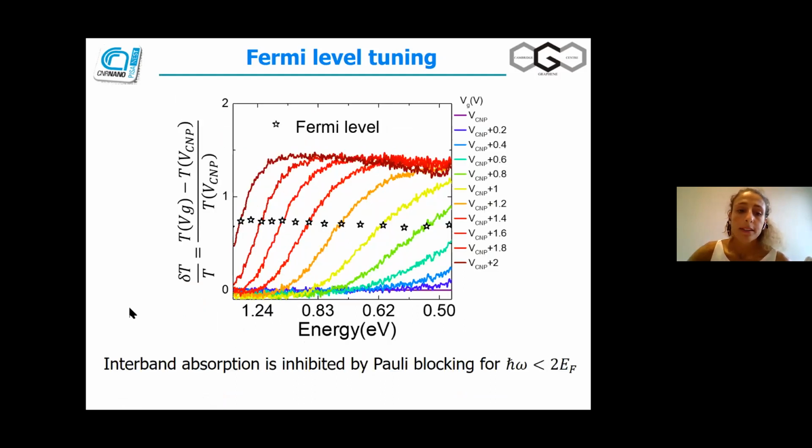If we plot the transmittance at the gate voltage Vg as a reference to the charge neutrality point, we can see a step-like function which describes the cutoff for interband absorption. In fact, above the threshold for the blocking of the interband absorption by the Pauli blocking mechanism, the transmission approaches the 100% value. So the graphene becomes barely transparent, with a residual contribution due to the interband absorption.